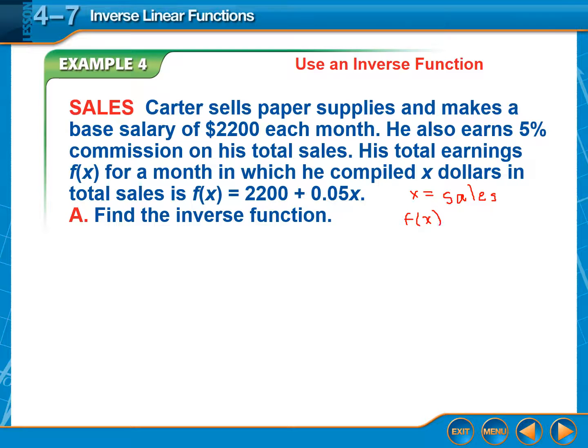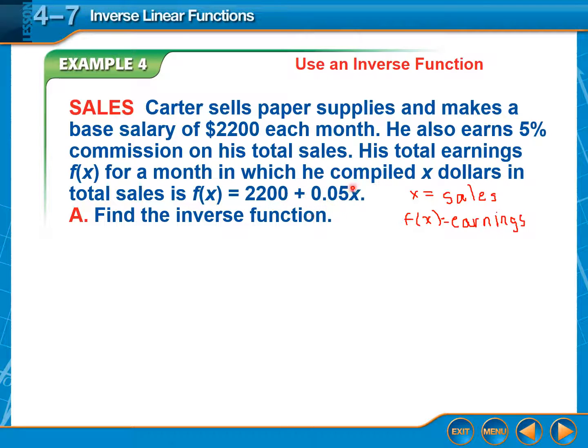So what we say is that his earnings are a function of how much he sells. So x is sales and f of x is earnings. So the function that they give us is that his earnings is equal to 2,200, which was how much he gets in his base salary, plus 0.05 times x.